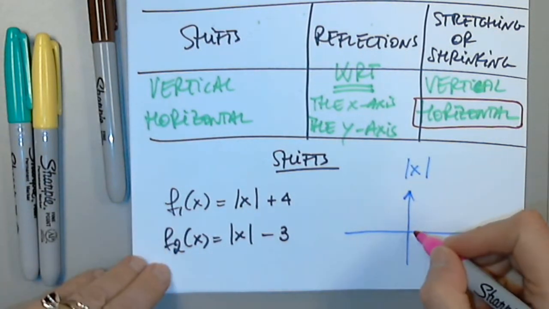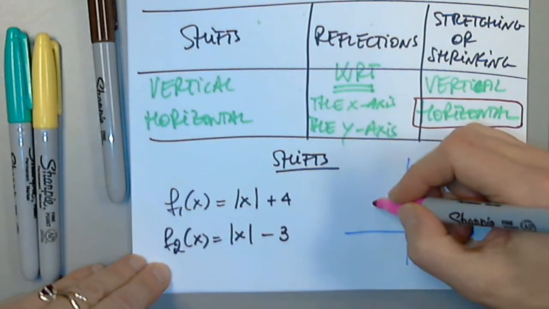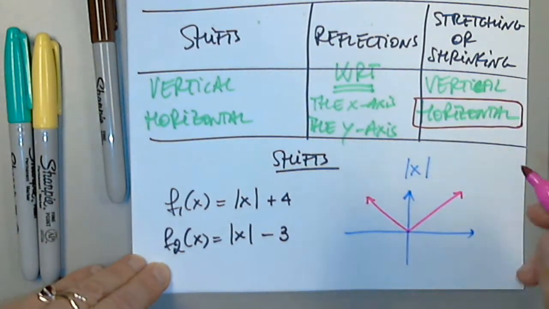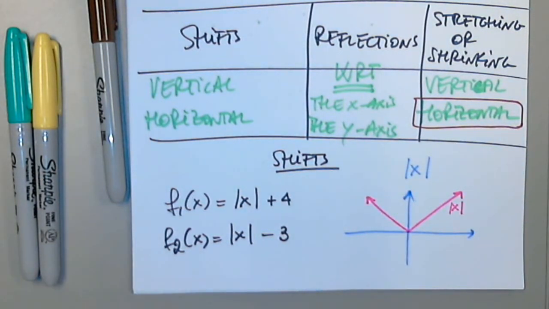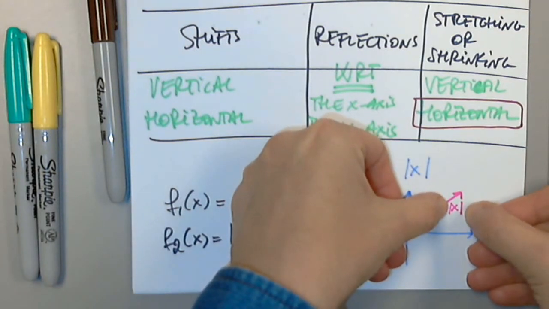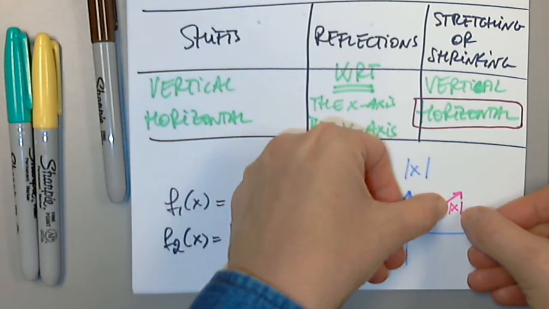Here's the absolute value of x. As we know it, it's a V function. Now, here's my next question. I'm only comparing the absolute value function to F1 for now. I'm looking at this, and I see x and the absolute value.